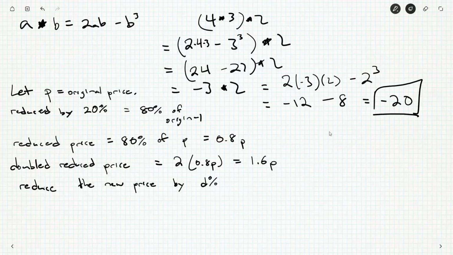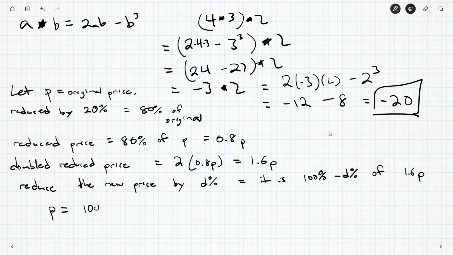So reduce it by D. This is the same as saying it is 100% minus D% of 1.6P. That's the same, because when we had reduced it by 20%, that was the same as 100% minus 20%, which is 80% of the original. And we get back to the original price.